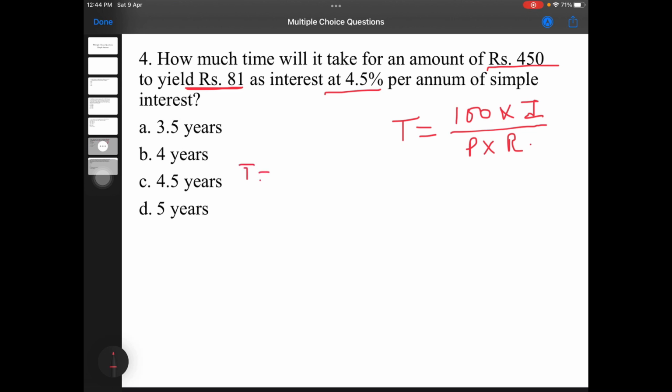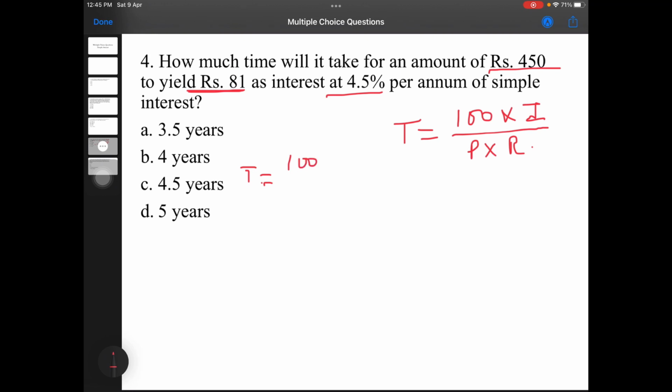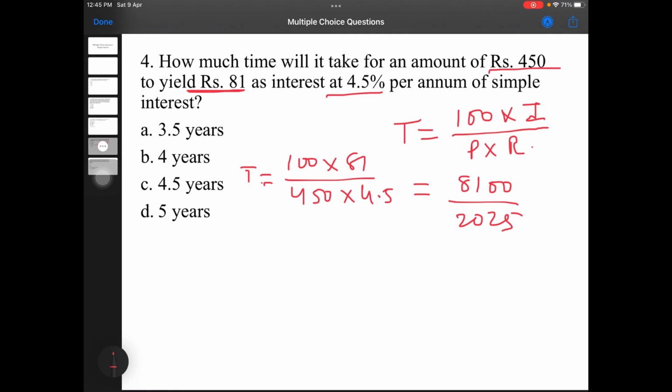So time will be equal to 100 multiplied by 81 divided by 450 multiplied by 4.5. So 81 multiplied by 100 equal to 8,100, divided by 450 multiplied by 4.5, which is 2025.